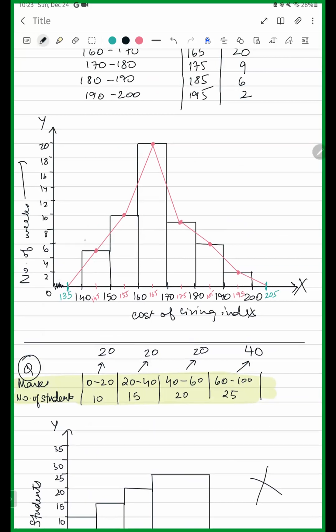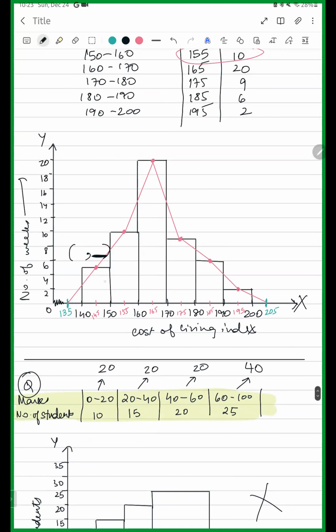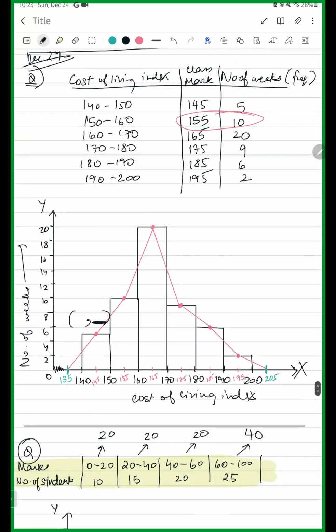Abscissa is the x coordinate, ordinate is the y coordinate. So they're telling you that the ordinate is the frequency of the respective class. Like you saw over here, the frequency was 5 for the first point, so we plotted 5.